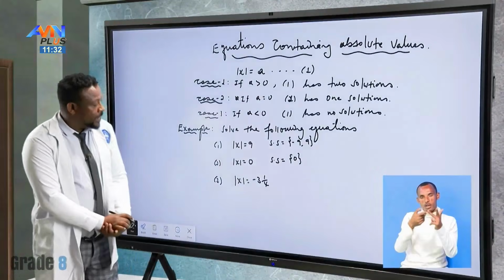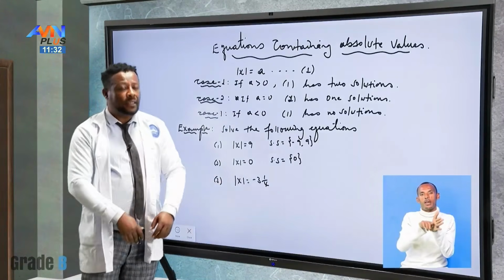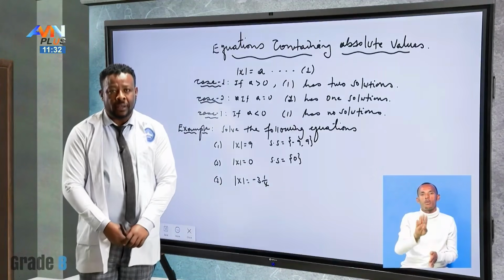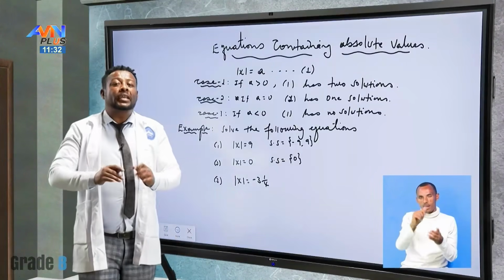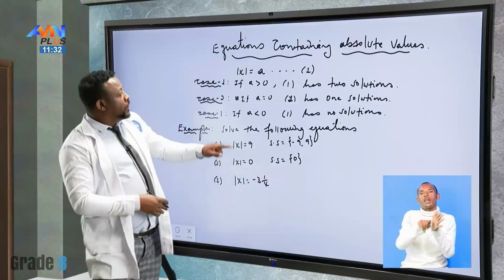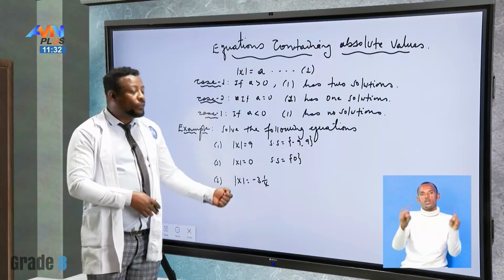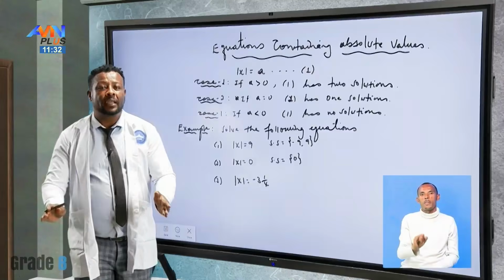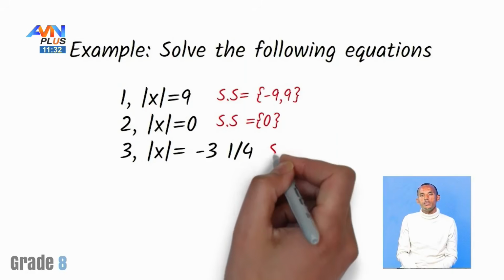In the third case, the absolute value of something is minus 3 and 1 over 4. Based on the definition, the absolute value of anything cannot be negative. So the solution set for the C part is the empty set.